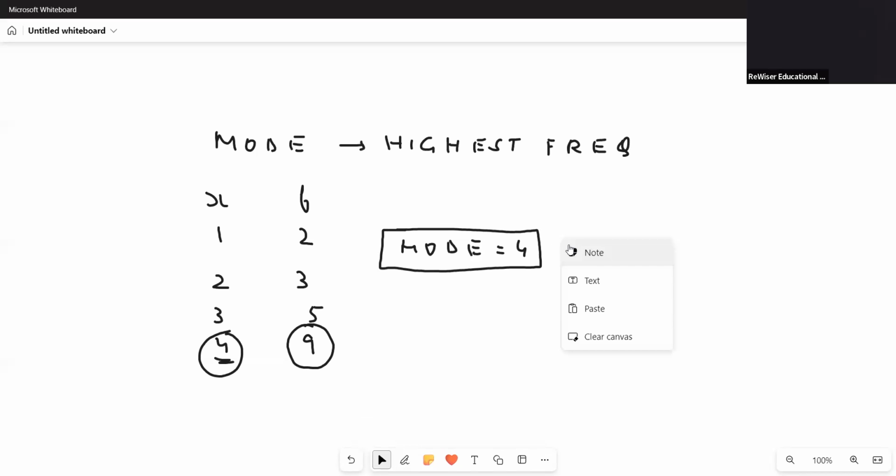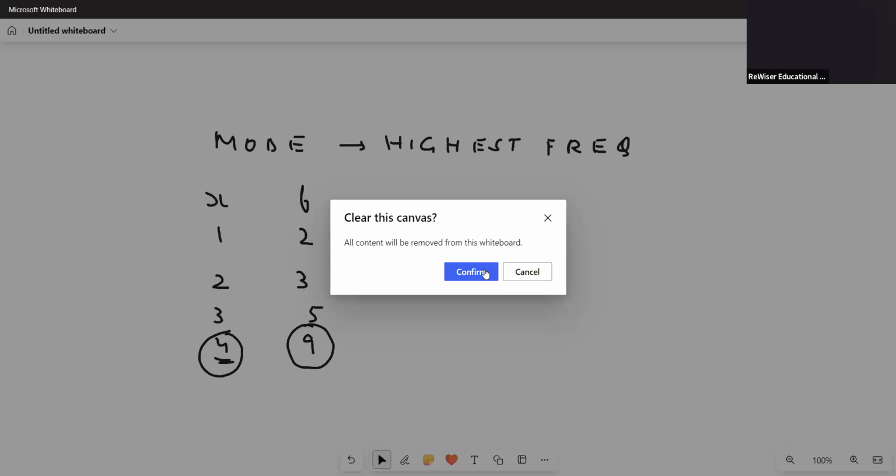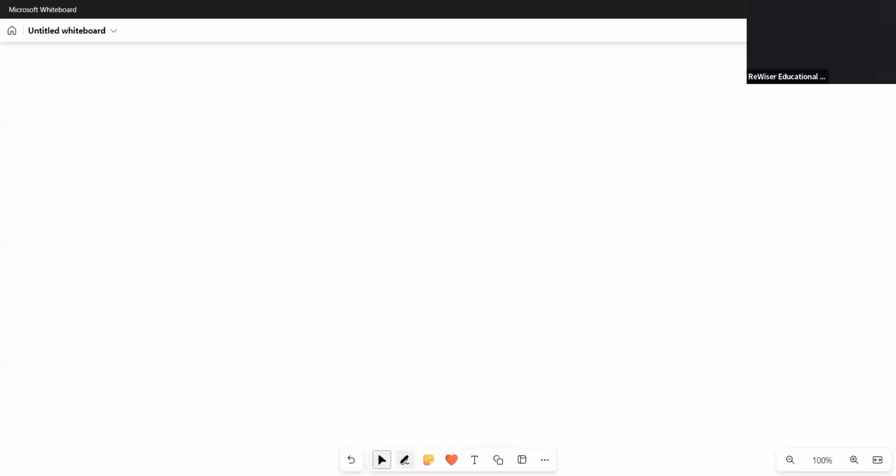Now, moving ahead from here, as we told, we'll go to something known as the stem and leaf plot. So how does a stem and leaf plot work? The topic is stem and leaf. In a stem and leaf graph, it's just a diagrammatic representation of the data in ascending order.